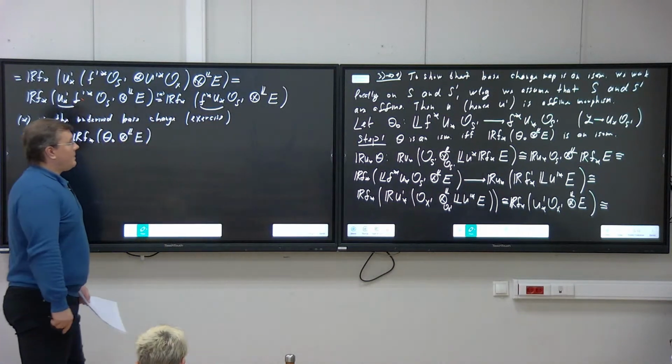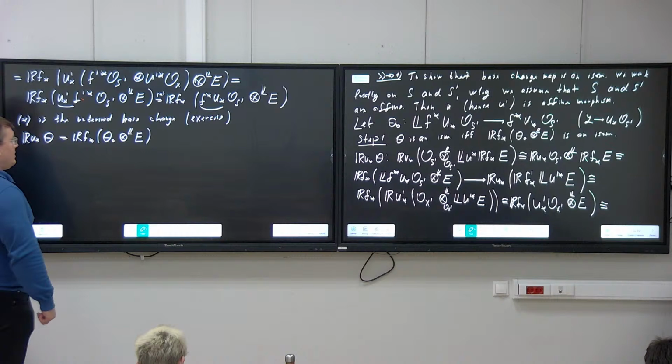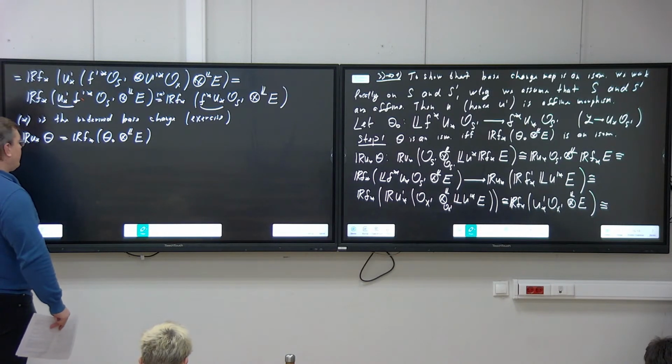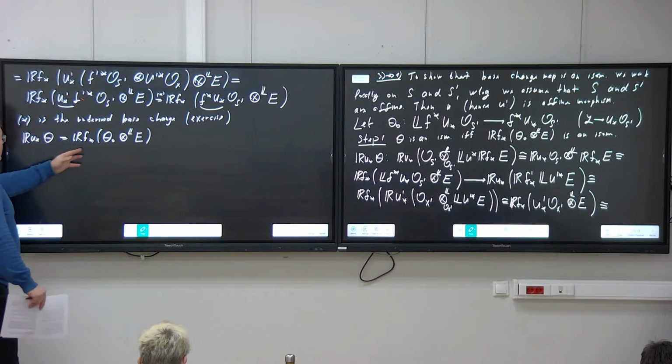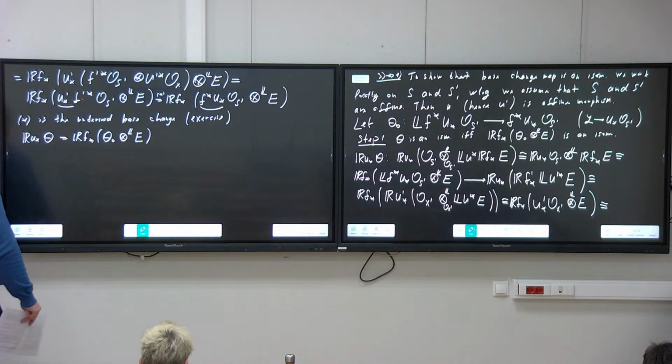Since in this case R u lower star is a conservative functor, if theta 0 is an isomorphism, then this is an isomorphism, and then theta is an isomorphism.